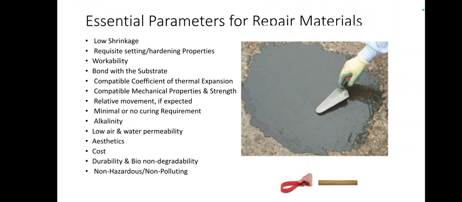Sometimes the new concrete will have more strength compared to the old concrete. If there's a difference in the mechanical properties, ultimately the joints will exhibit different properties, so those things should be avoided. The concrete we have made should match the properties of the old existing pavement concrete. That also should be ensured.